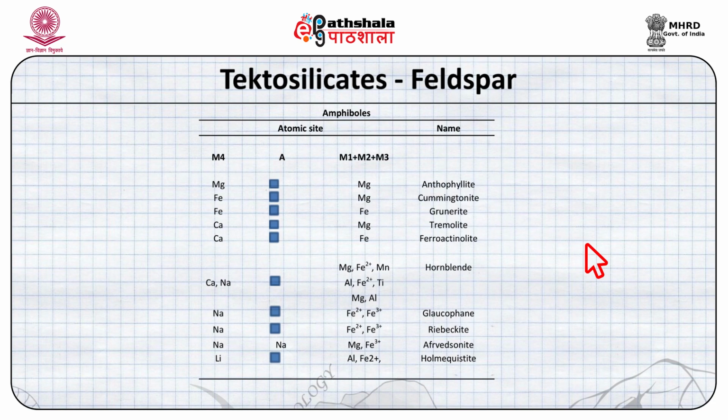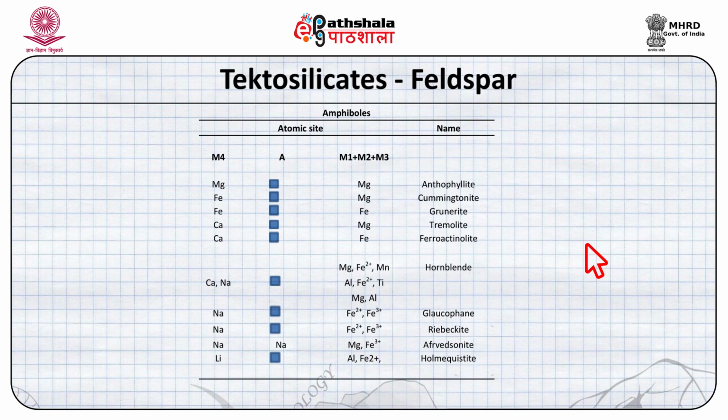The magnesium end member, where the M4 site has magnesium and the M1, M2, M3 sites are also magnesium, is anthophyllite. Where the M4 site has iron and the M1, M2, M3 sites have magnesium, that is cummingtonite. In both of these, the A site is vacant. Then in grunerite, both the M4 and M1, M2, M3 sites are occupied by iron.